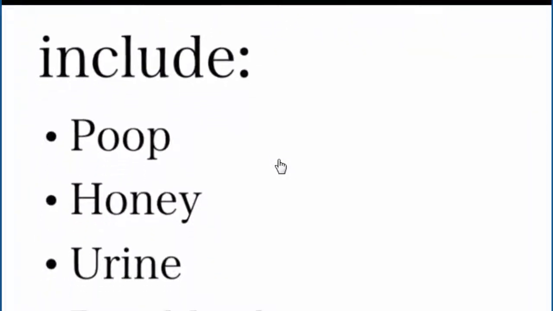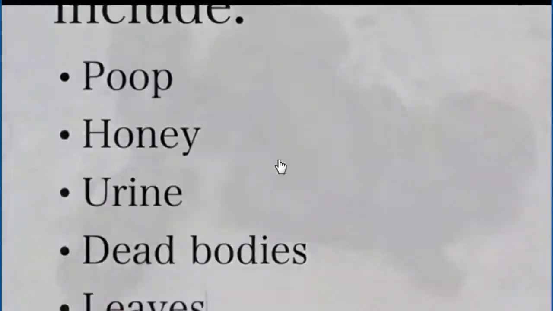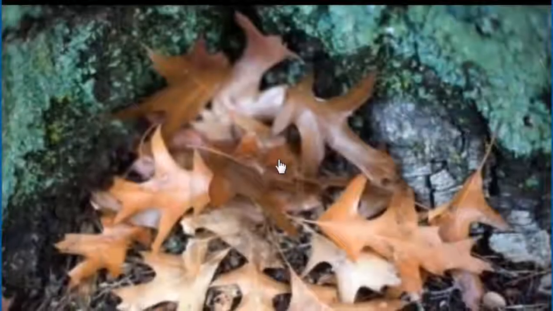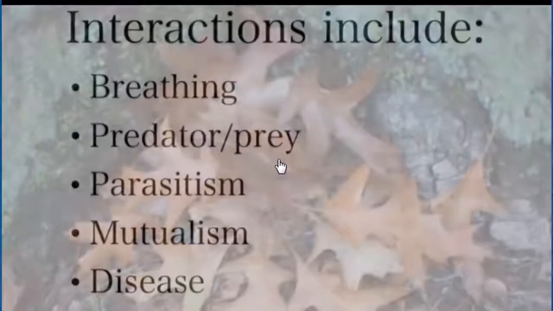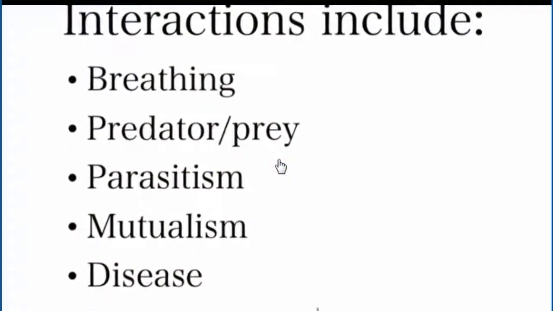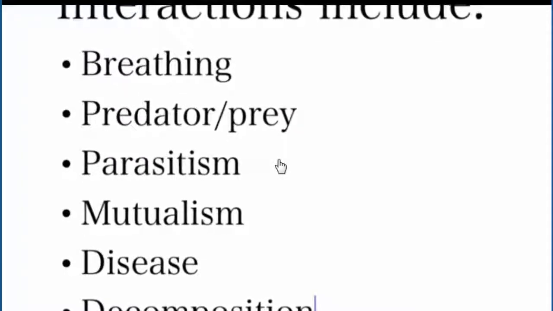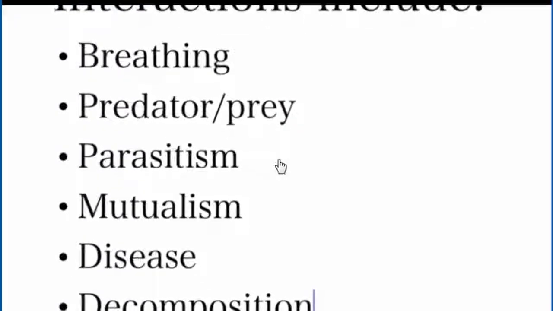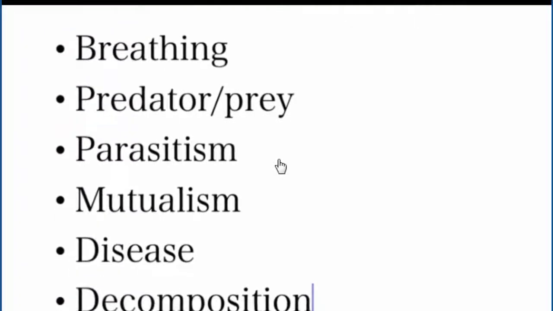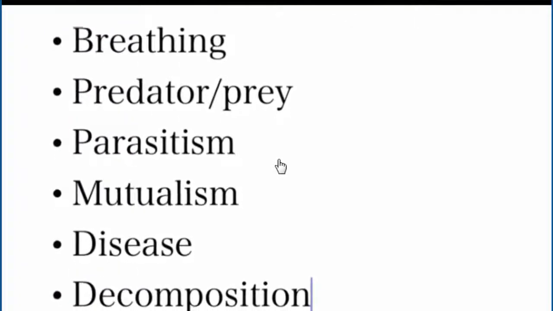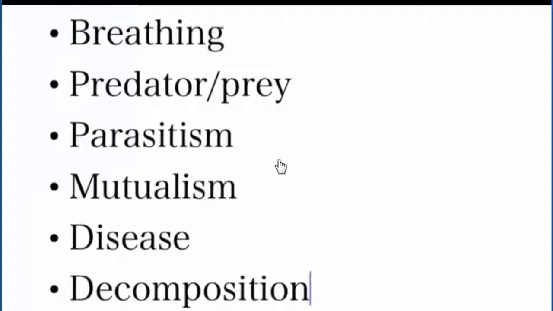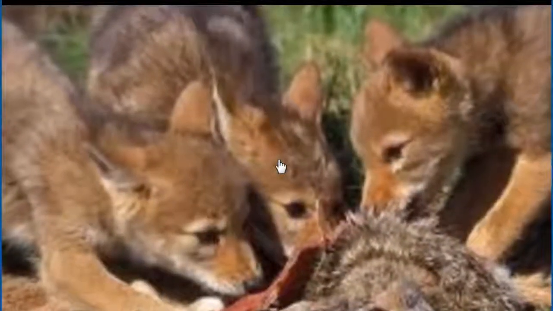Now what are some actual products of it? Well, you get honey, you get urine. Those things are biotic factors. You get poop, you get nectar, you get their carcasses when they die, when we die. You get leaves that fall off trees, and that ends up being a biotic factor, even though it's not living anymore. And it's also how these things interact with each other. Sometimes just us breathing in and out air is an interaction, but it's like how predators react with their prey.